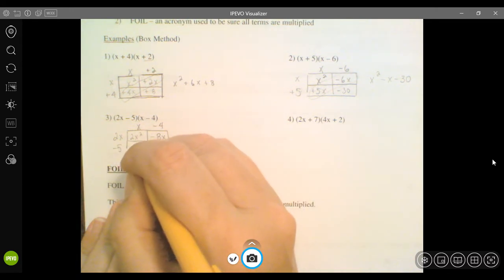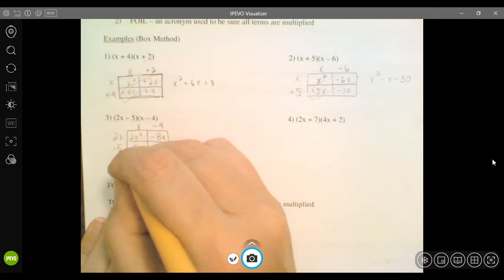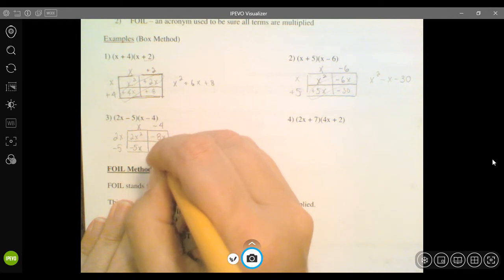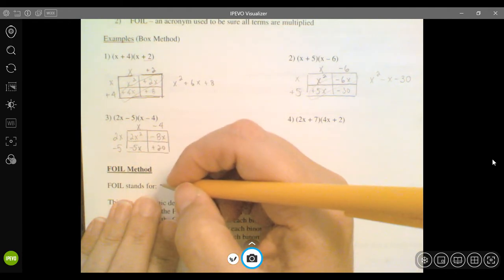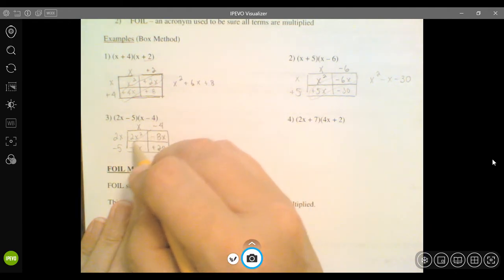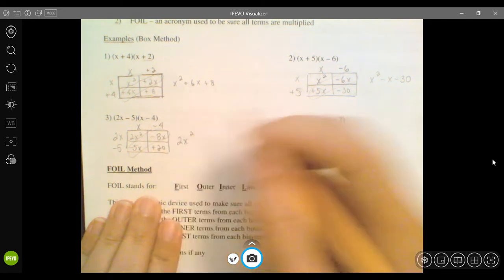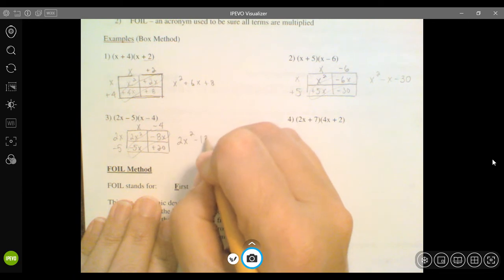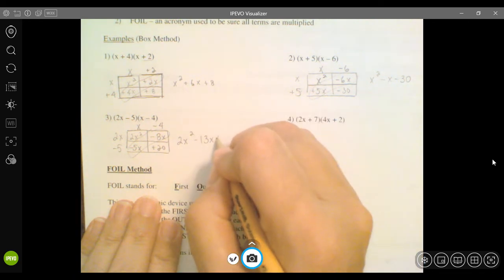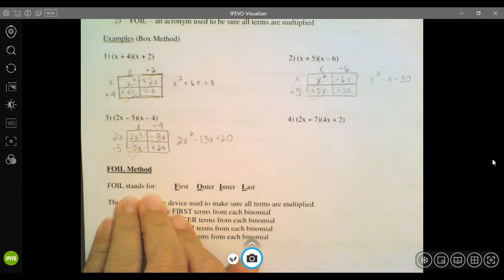Negative 5 times x is negative 5x. Negative 5 times negative 4 is 20. And so I've got my like terms. My final answer is 2x squared minus 13x plus 20.